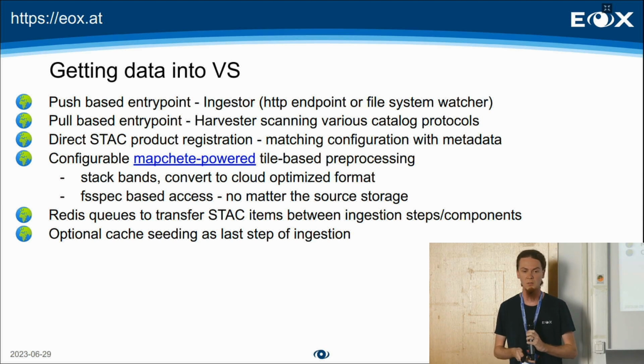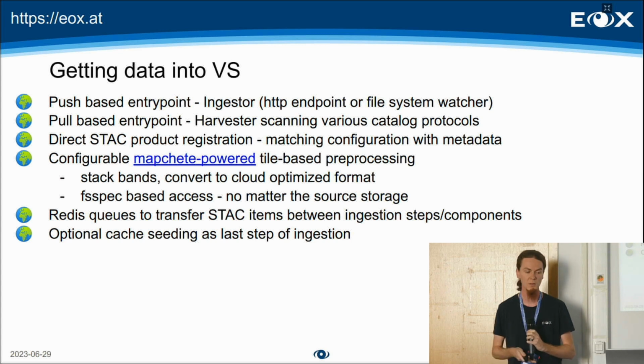Again, using the FSSpec library, we are completely storage agnostic, which means whatever plugin is there for FSSpec the ingester will use. As for where to get the data into the preprocessor queue, it's usually either you pull from some catalog or you get some push mechanism.